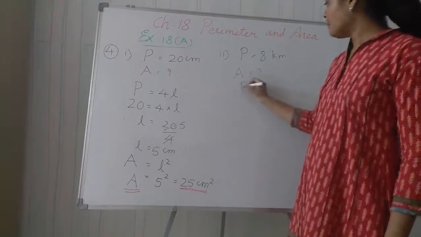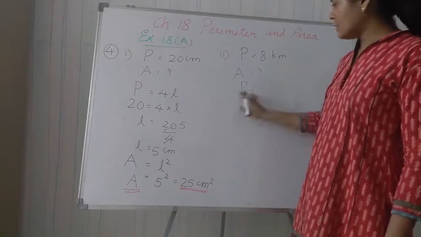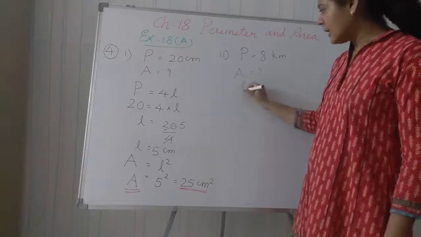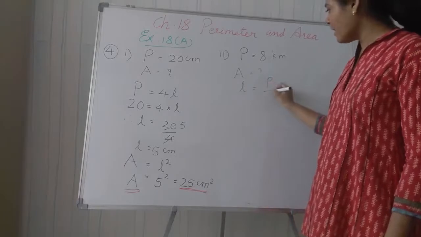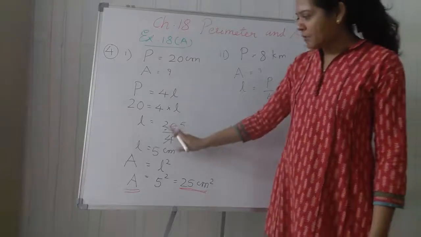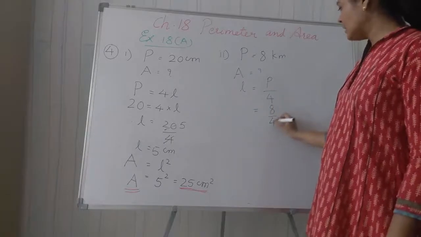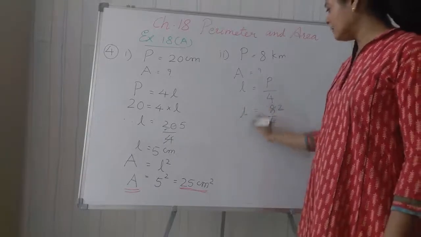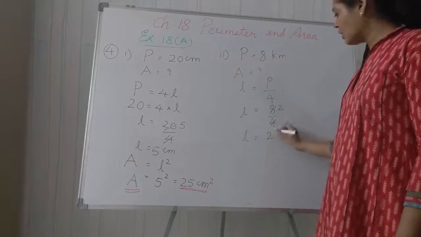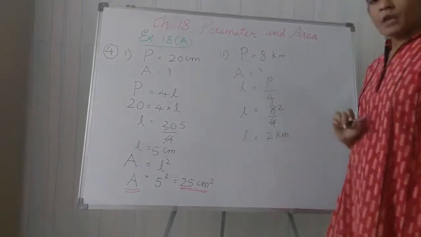So first of all, perimeter is 8 kilometers. I am directly writing here length is equal to P by 4. You see, perimeter divided by 4. So this is 8 by 4. It means we get length as 2 kilometers here, right?